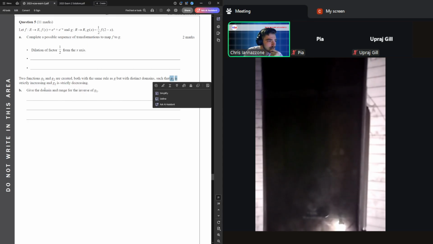So g1 is strictly increasing. The inverse of g1 is a bit different. Because there's two parts to this. You've got two marks. I'd first be worried about getting an understanding of what g1 and g2 are, and then what it would look like to find the inverse of them.